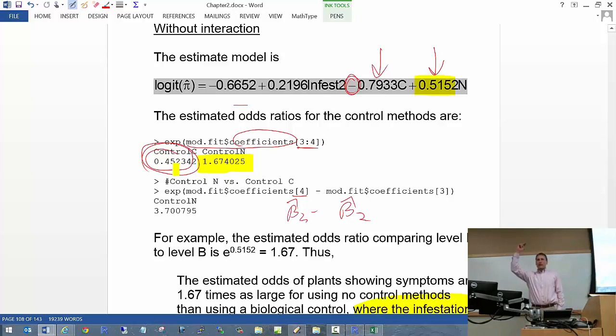Remember, in the numerator would be the odds for C, and the denominator will be the odds for B. So what this is saying is that the odds for B are higher than they are for C. But you have to think about what the odds are here: it's the estimated odds of coming down with the virus. Since the odds are smaller for C, because that was in the numerator, you would prefer C.